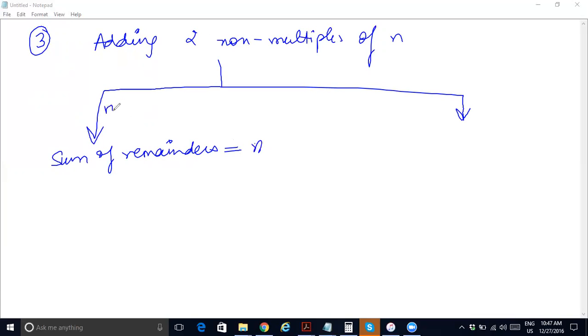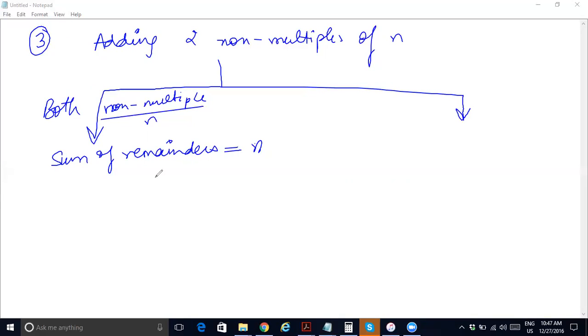The remainders we get when both numbers are divided by n. Since both are non-multiples, we will get some remainder in both cases.